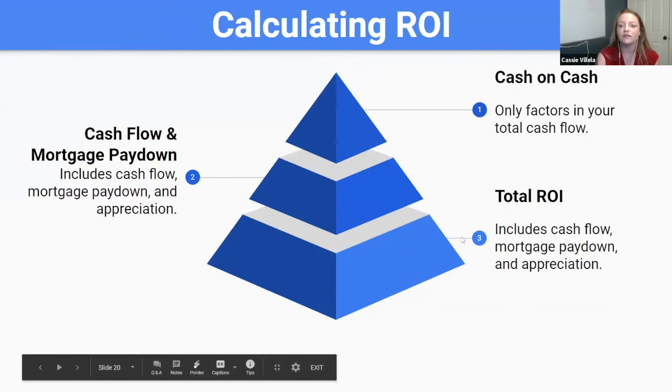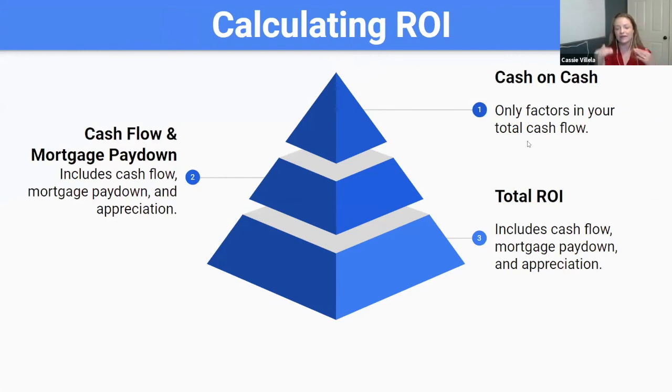And the reason I do that is because that gives you 3 different ideas. Now the bottom one is your total ROI. That's going to include your cash flow, how much you're paying down the mortgage each year, and the appreciation. So that's your total wealth. How much did your total wealth increase from having this property?